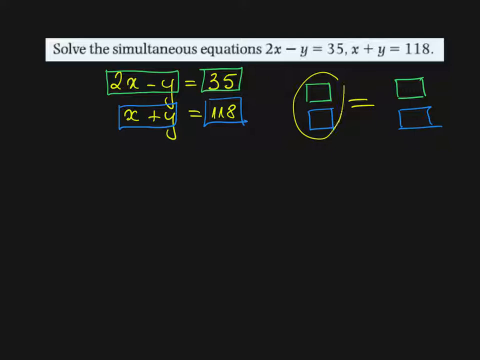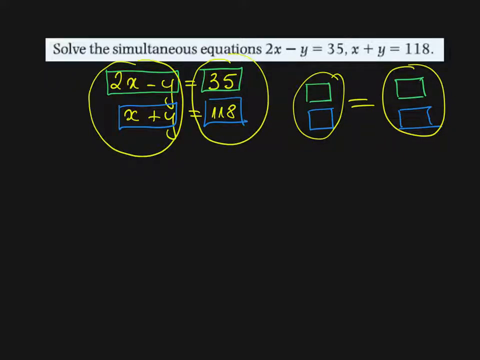So these two blocks together are the same as these two blocks together. So if I add this together, it will be the same as these two together. So let's do that.